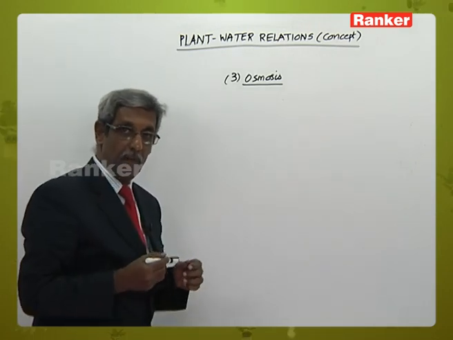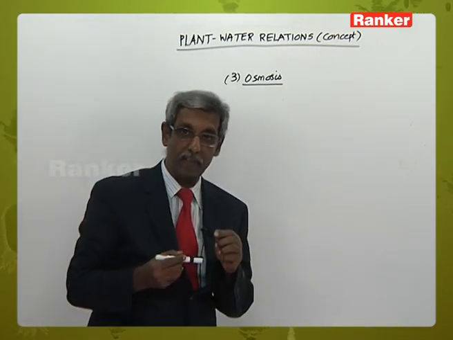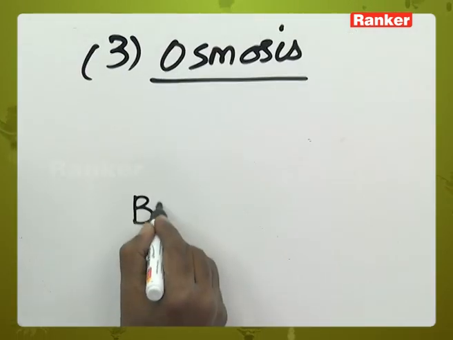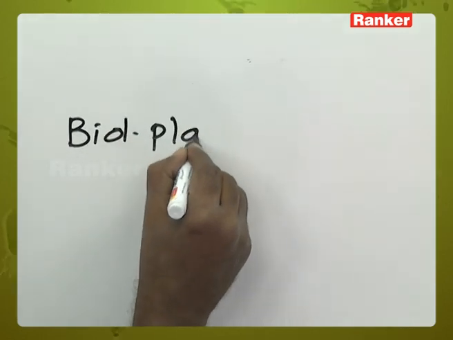In osmosis, we are looking at what happens when a biological cell is placed in distilled water. We have a biological plant cell.